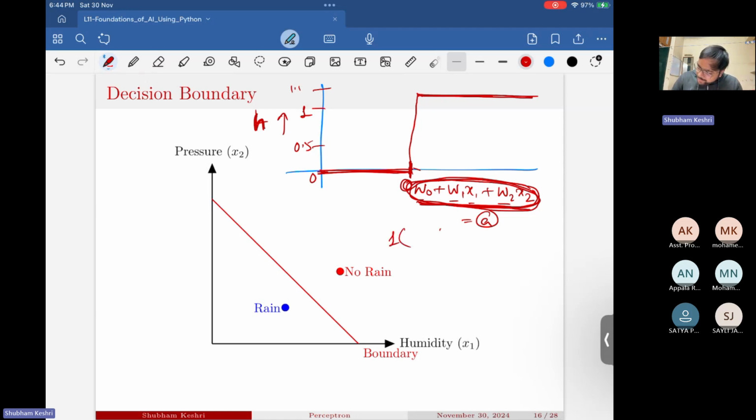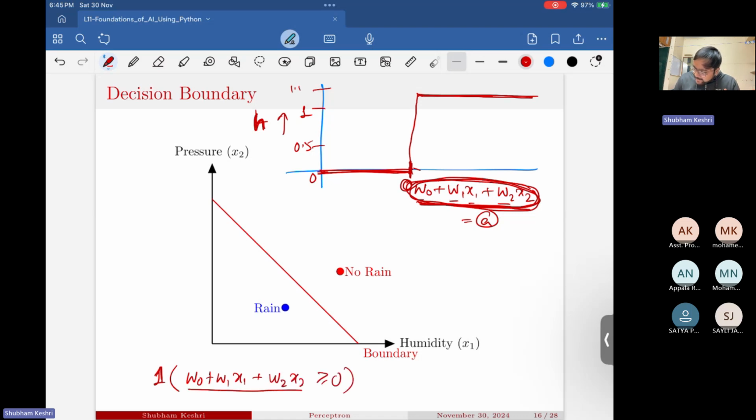Indicator means whatever is inside it, if it is true, I'll just tell you once more. So if I say the indicator is written like this, over here I am saying w0 plus w1 x1 plus w2 x2 greater than or equal to 0.